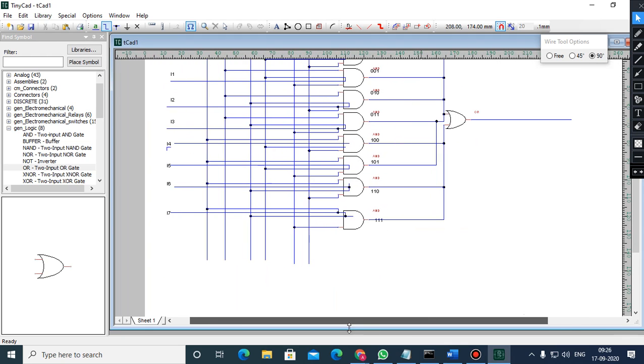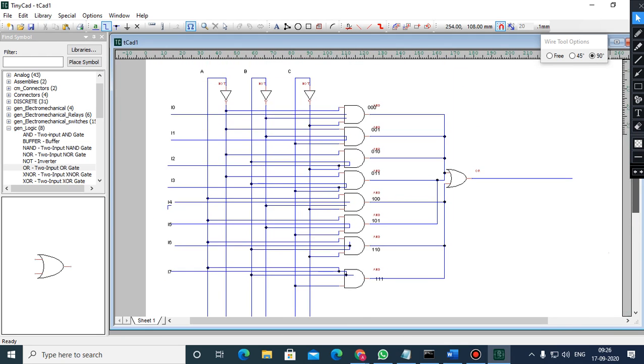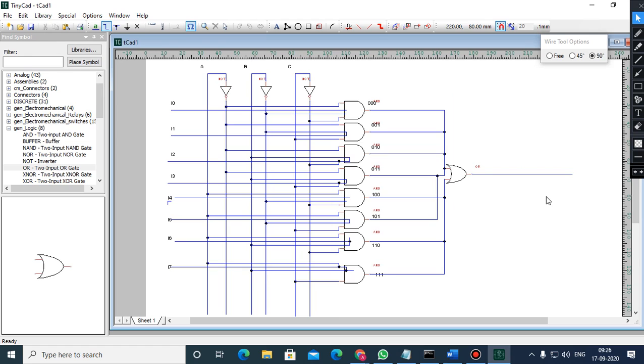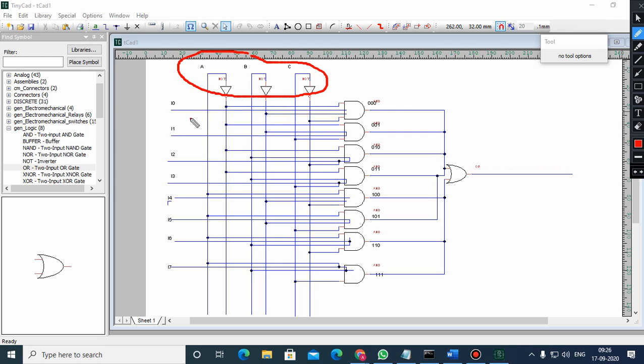So multiplexer is a combinational circuit which is having n select lines, and these select lines are these ones, n select lines, and the same is having 2 to the power n input lines.